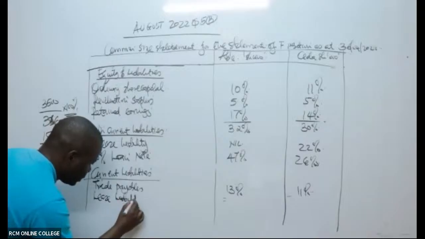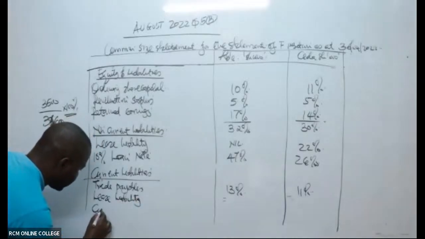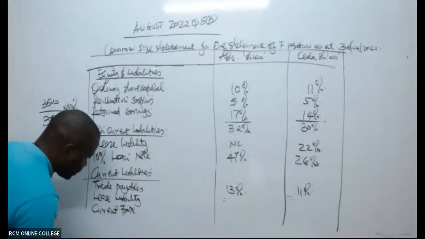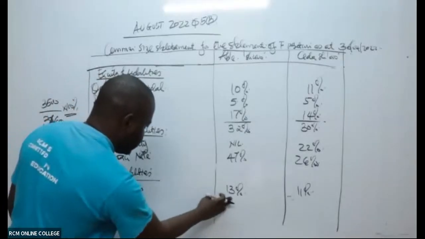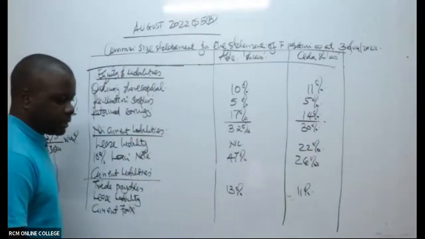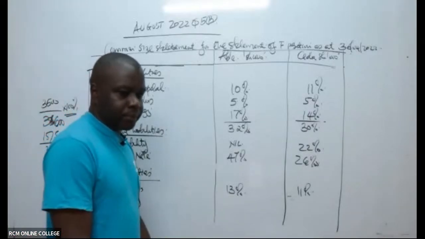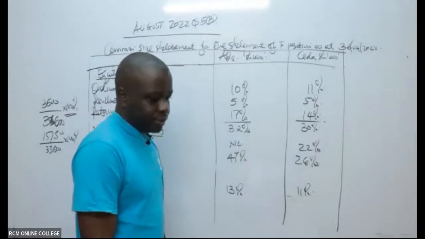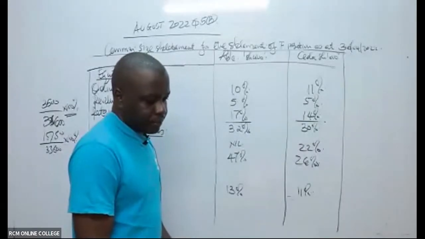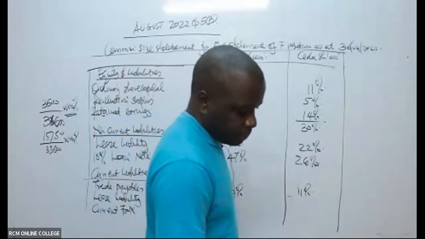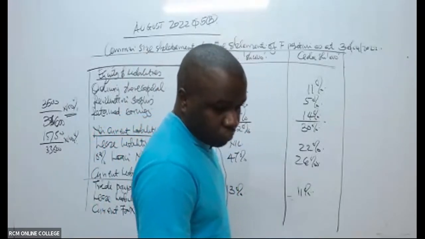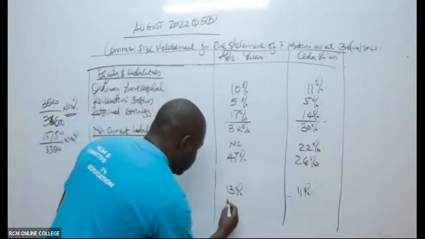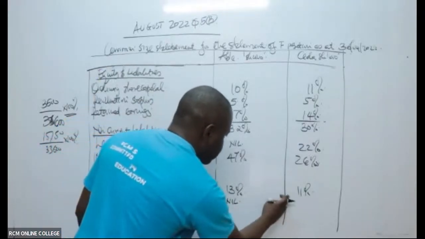Lease liability, then of course you have current tax. It is not deferred tax, but the tax in the current year. What percent is the lease liability? The first one is nil because there's no figure there.